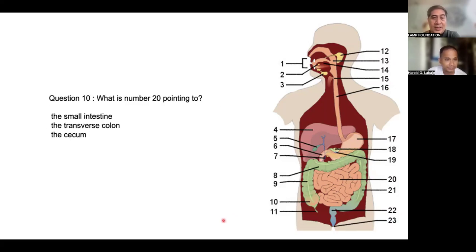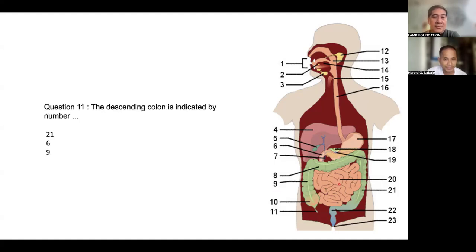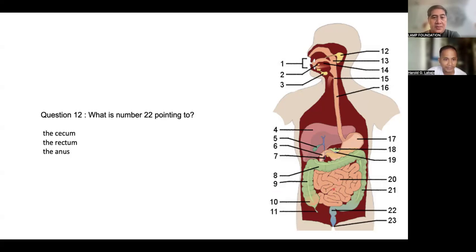What is number 20? Number 20, the small intestine. Descending colon is what number? 21. Number 22 is what? The rectum.